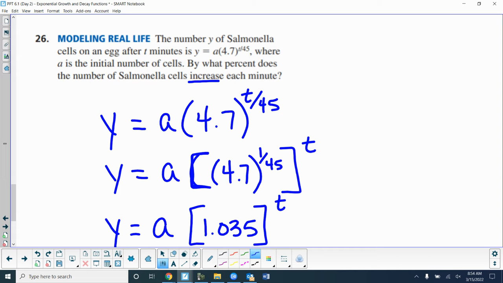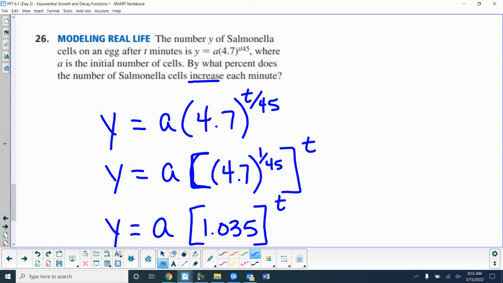So when you get a problem like this, where you have t over something as an exponent, make your exponent 1/45th, whatever it is, so it looks like what you're used to doing. Does that make sense? Okay? And it says by what percent does it increase each minute?